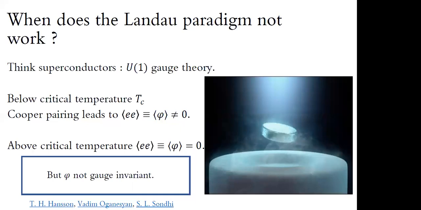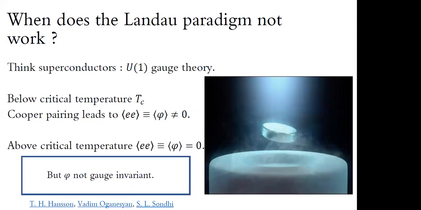Now, one could use this object phi, the scalar field, to comment on the phase transition. But really, it's not legitimate to say that the fact that phi picks up a non-zero vacuum expectation value can be used to detect the phase transition, because this object is not gauge invariant; it transforms under the U(1) gauge transformation.